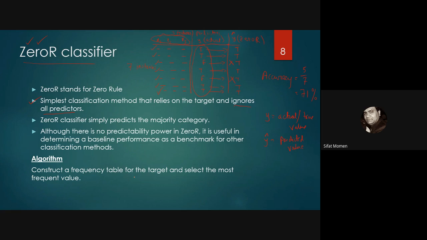So if you have 90% accuracy, imagine 90% accuracy with a ZeroR classifier, right?